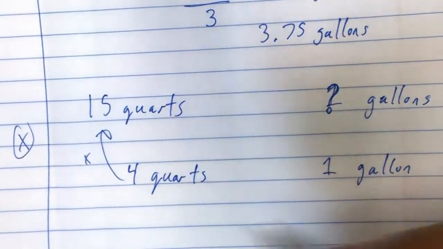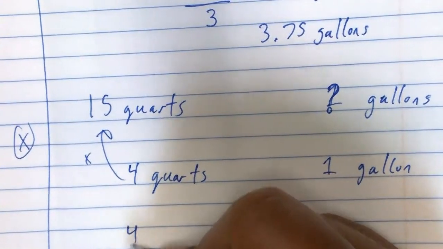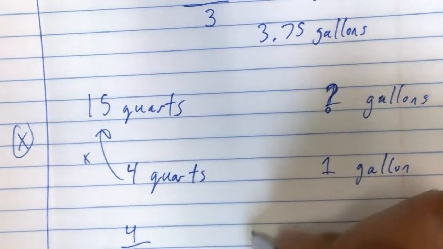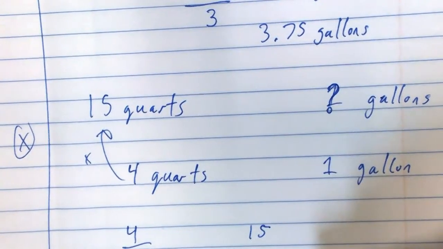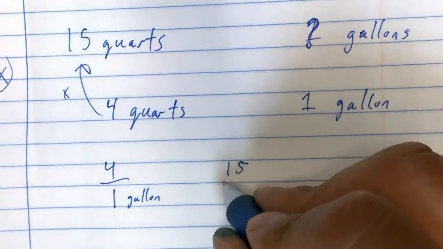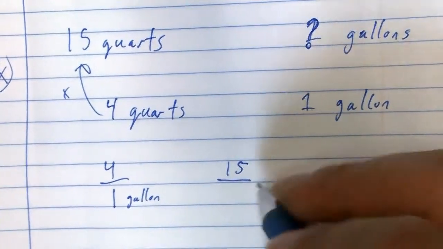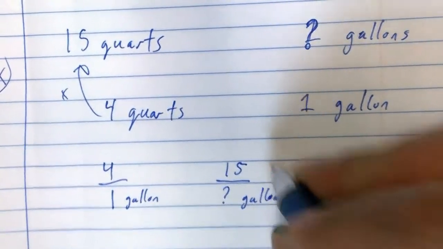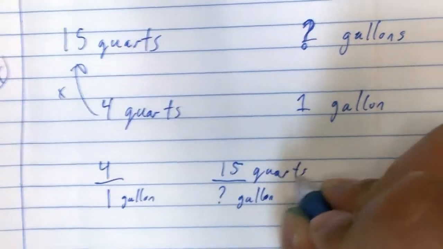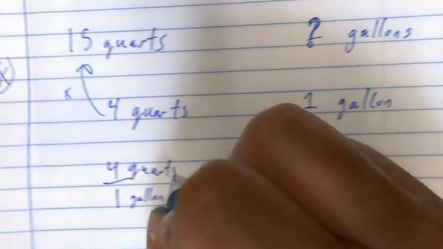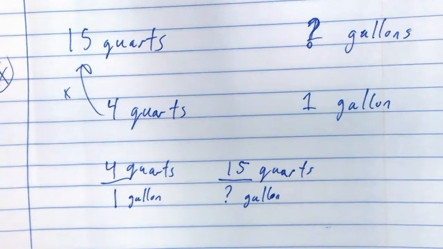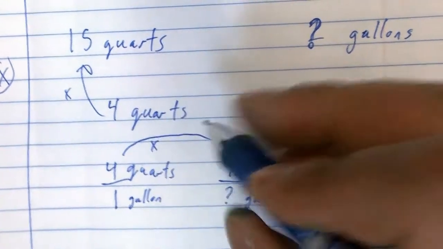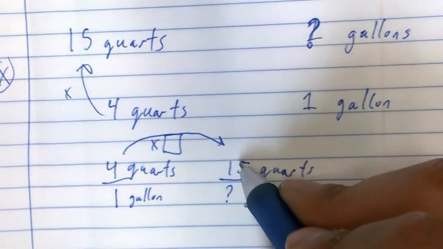What about as a ratio? 4 to 1. 15. Okay. How many gallons? It's a ratio. You could do this if you want. It depends on how comfortable you are with what I'm going to do right now. To go from 4 to 15, I know I have to multiply by something. 4 times what gives me 15?